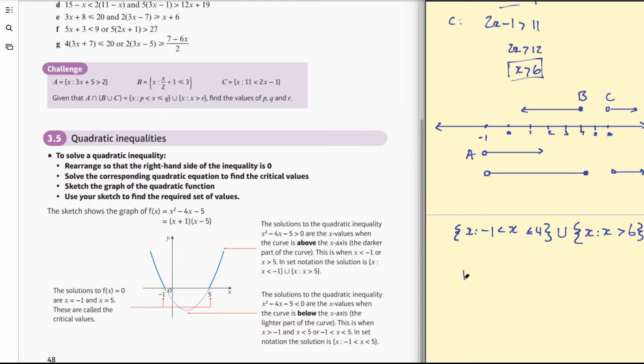So in this case, P is equal to -1, Q is equal to 4, and R is equal to 6.